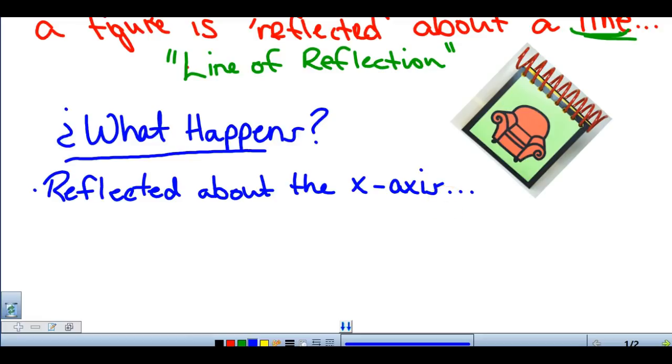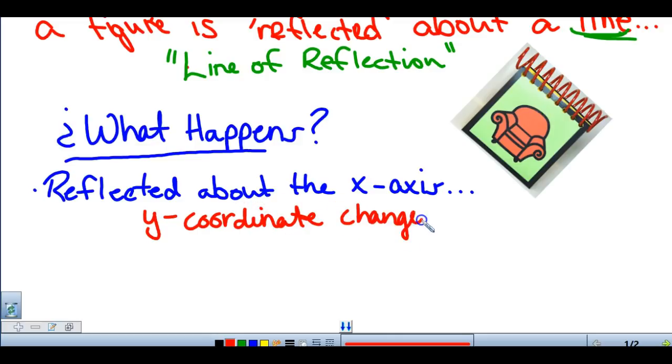And it turns out when a figure is reflected about the x-axis, the y value, or the y coordinate, I should say, changes its sign.